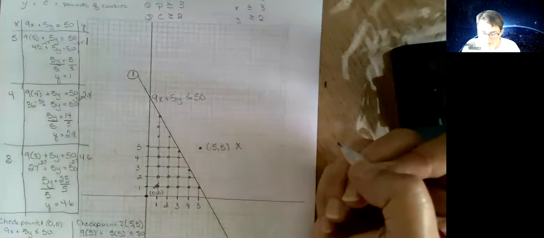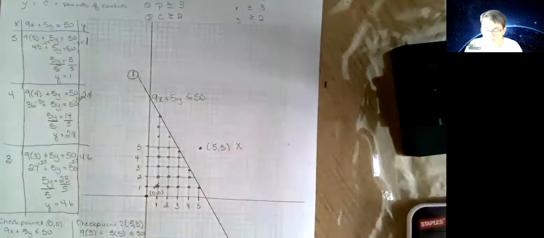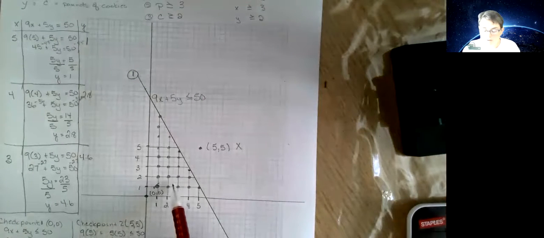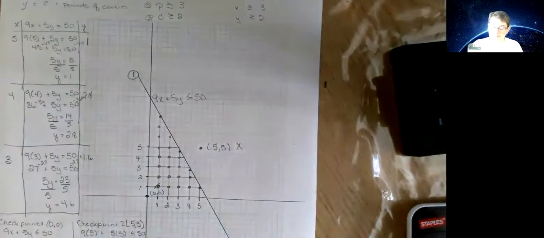Okay. So this has got to do with the money factor. Now we need to look at the P, pizzas, where X has got to be bigger than 3. So if we want to graph X, this was number 1. Switch to a different color.